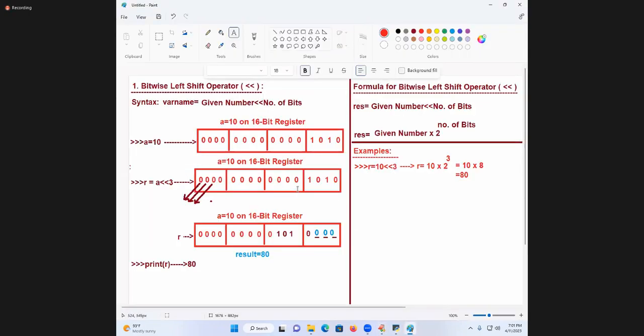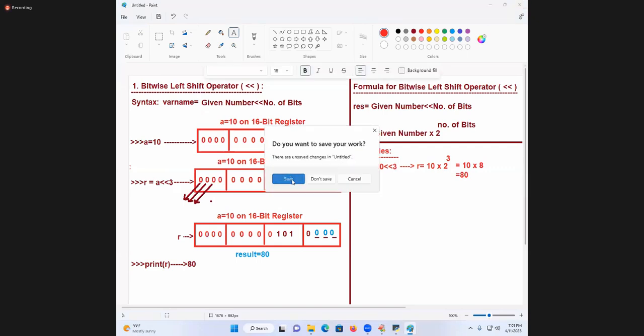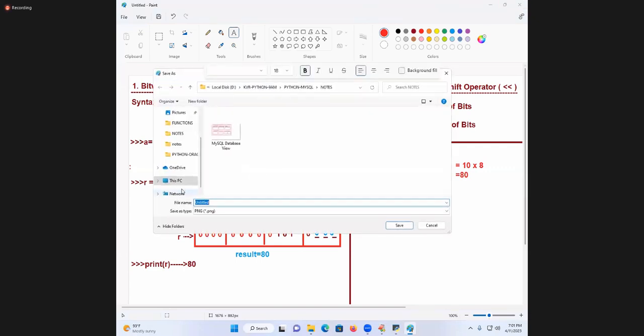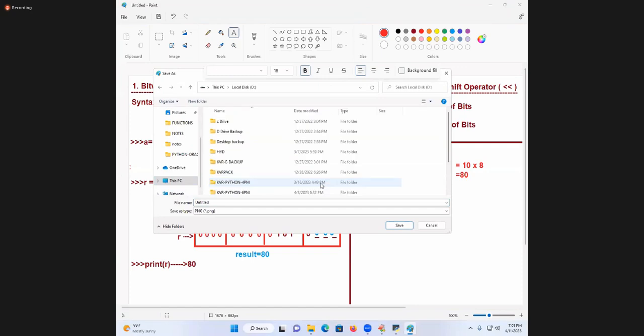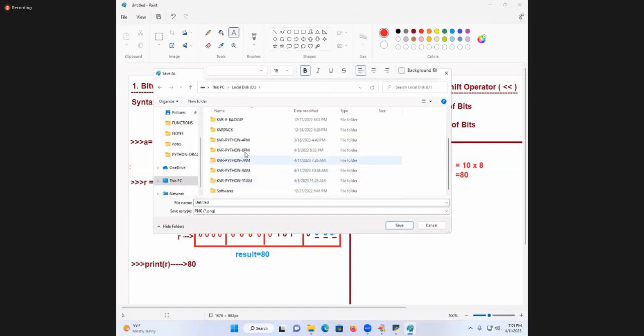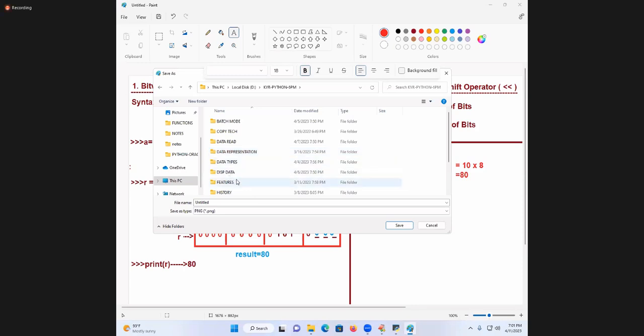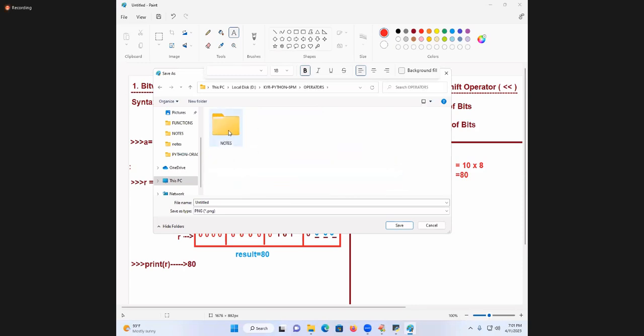So see, I will save it under bitwise. Which operator? Left shift. I'll go to this place, D colon 6 p.m. Operators, notes, under that bitwise operators, I will add the bitwise left shift operator.